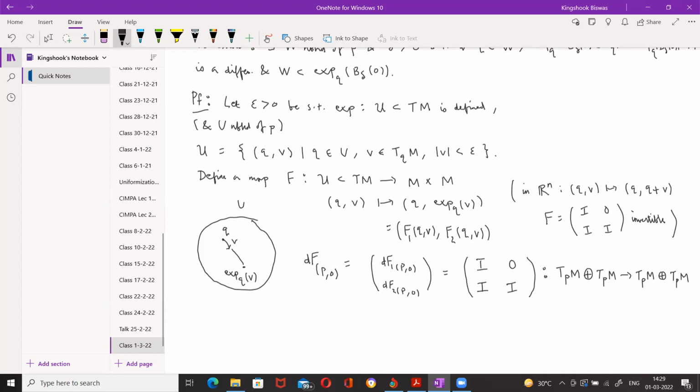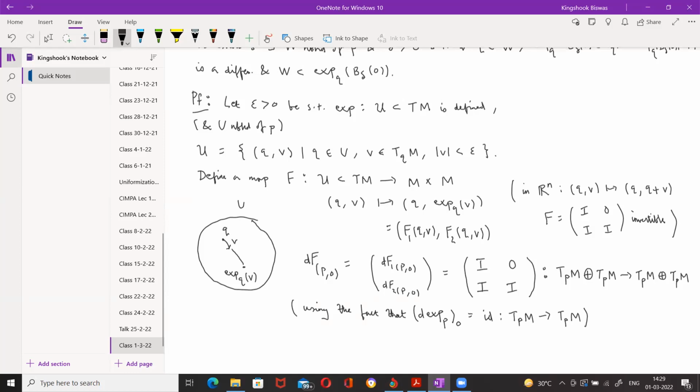Yes. Okay, so we're using the fact that we proved earlier: the derivative of x_P at the origin is the identity map from T_P M to T_P M. All right, that's used to calculate this last diagonal entry here using this fact.